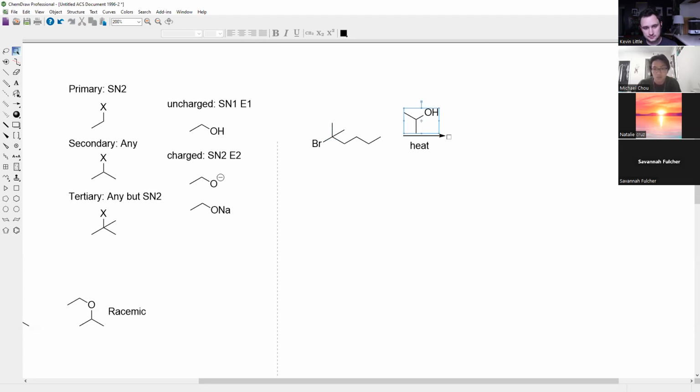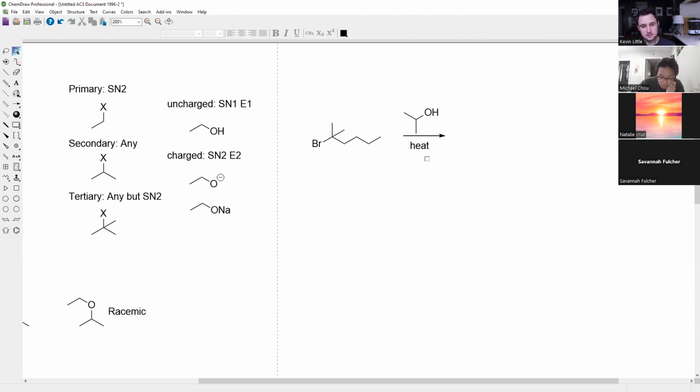This guy, is he charged or uncharged? This is my electrophile, this is my nucleophile. He's uncharged. So now I can eliminate something else. It's not going to be E2. So now I'm thinking it's SN1 or E1. Final thing is heat.